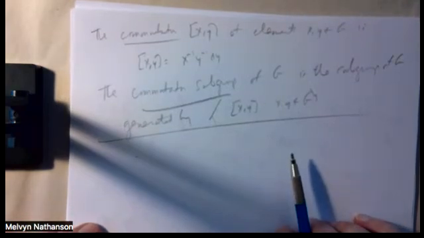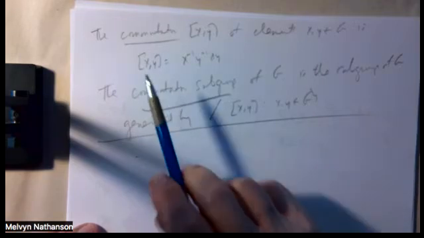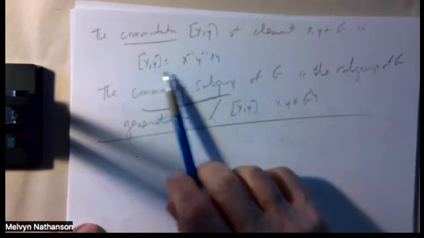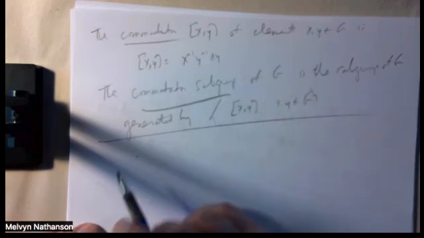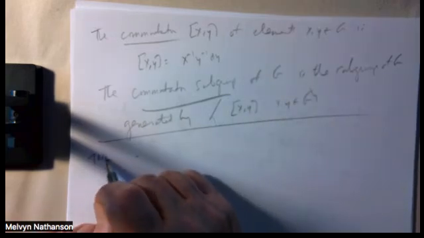So it's the smallest subgroup of G that contains every commutator. And we saw that the commutator of x and y is the identity if and only if x and y commute.